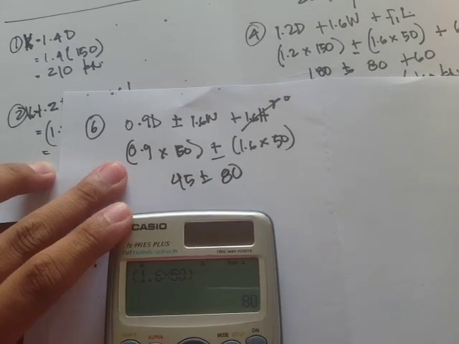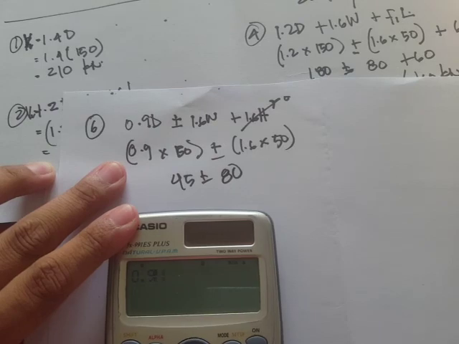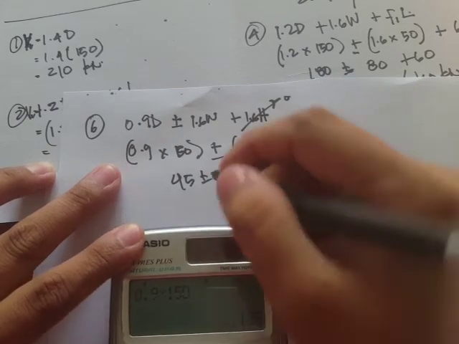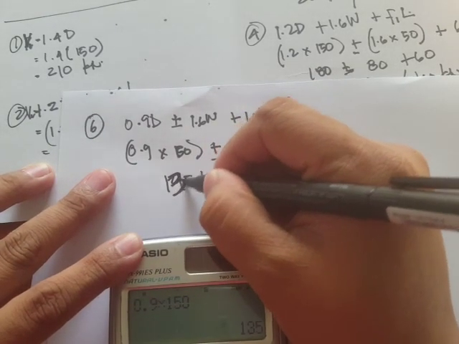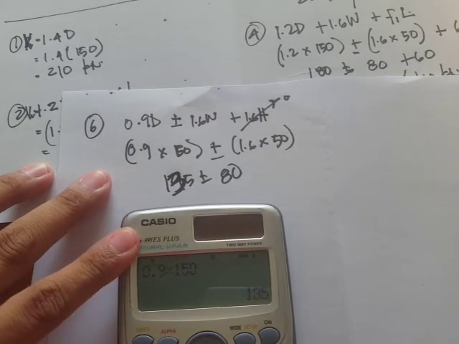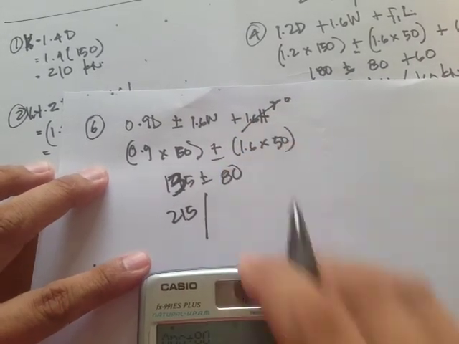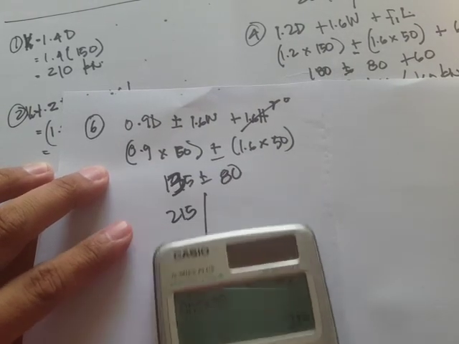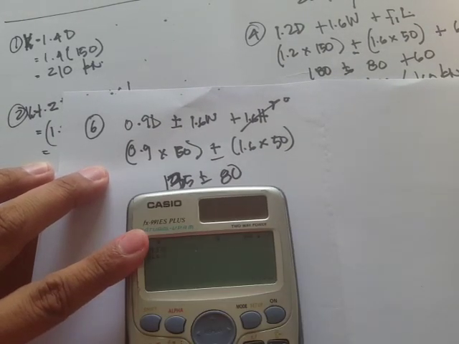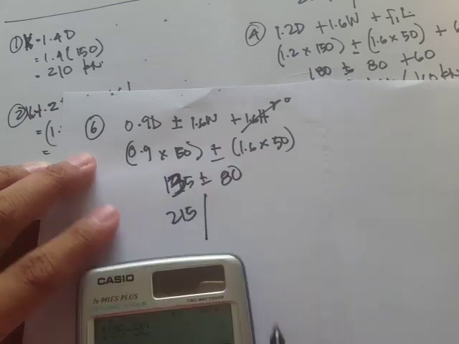Oh sorry, I think this is 0.9 times 150, so this is 135. So 135 plus 80 is 215, or we have a value of 135 minus 80, or 55 kilonewton.